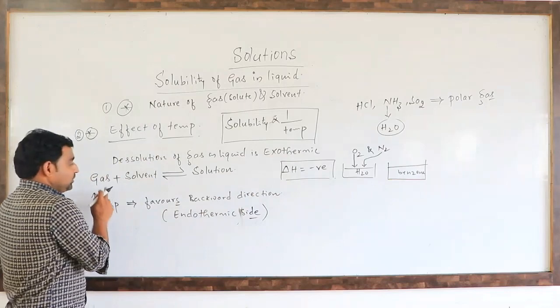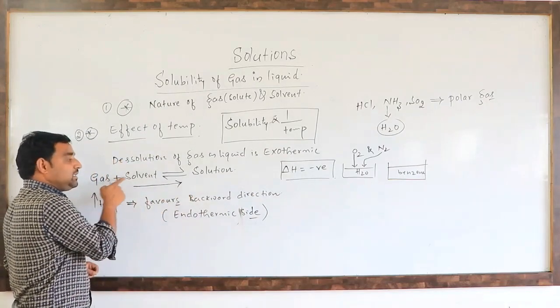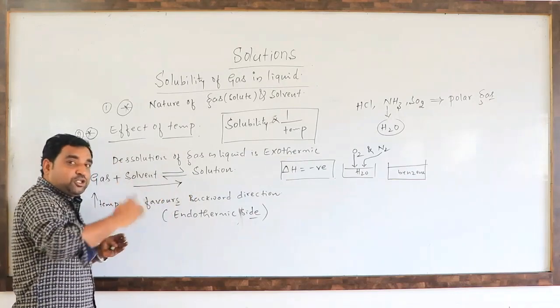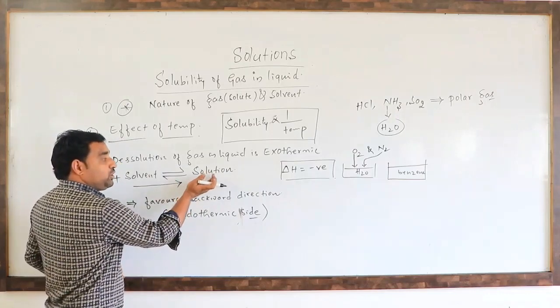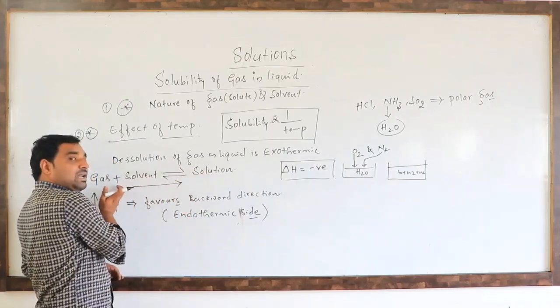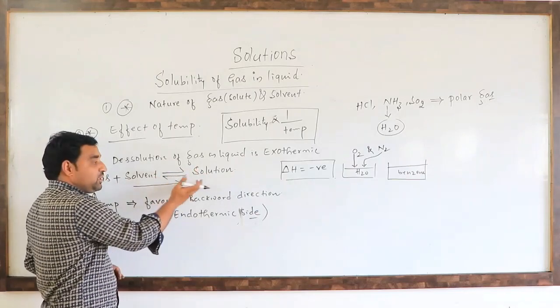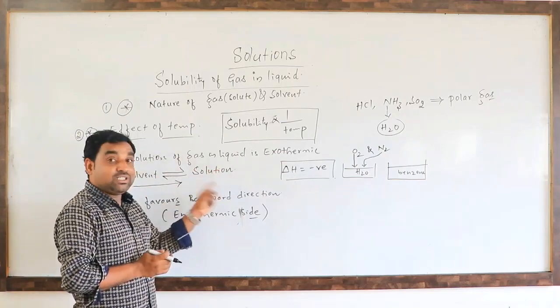See here, if the reaction moves in the forward direction, gas is dissolved in the solvent and solution forms, so the dissolution process increases. If the solution is converted into or separated as a gas, soluble gases come out of the solution. Backward direction means the solubility of gas in a liquid decreases.